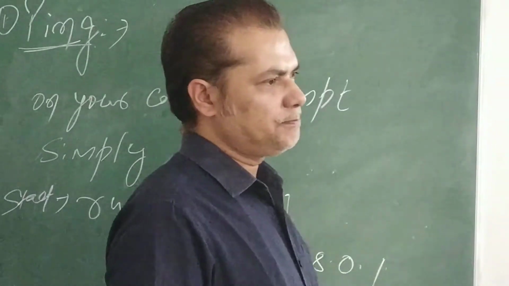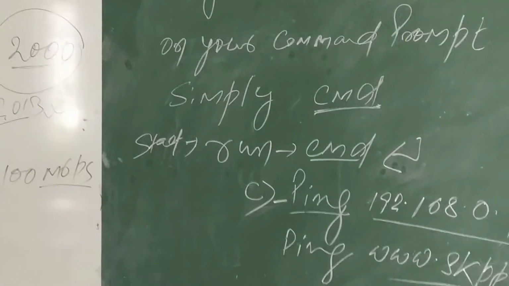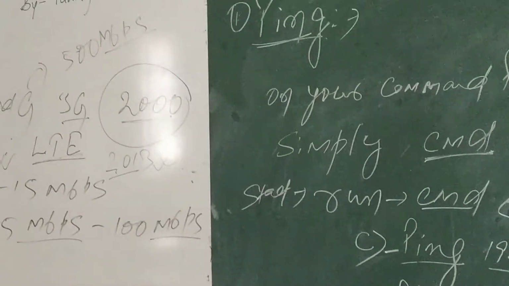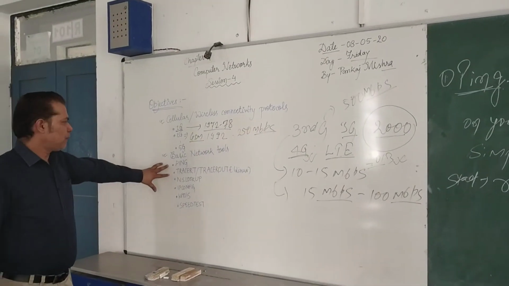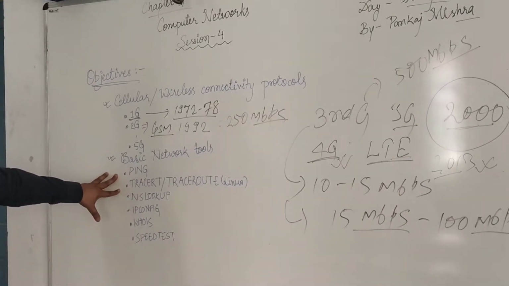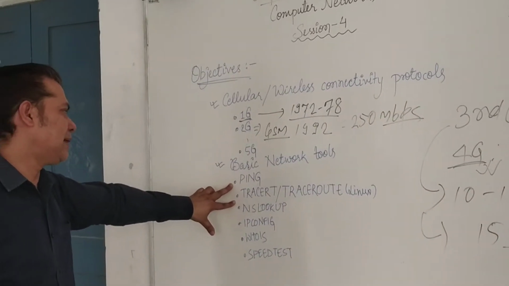Now this command gives the information about the path routing. If you want to know the paths, then you can use the tracert command.